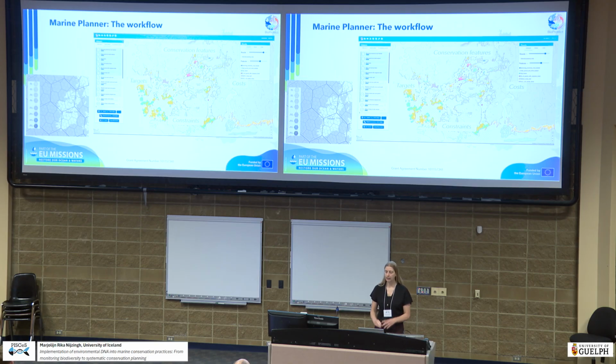And these grid cells of the hexagons can then be locked for appointing a possible conservation area. And then you need to set your targets, which is based on percentages of how much percentage of this conservation feature you want to protect.